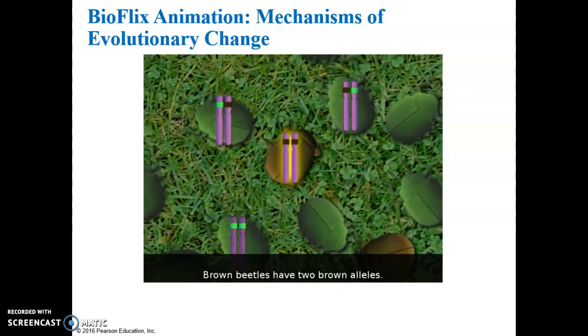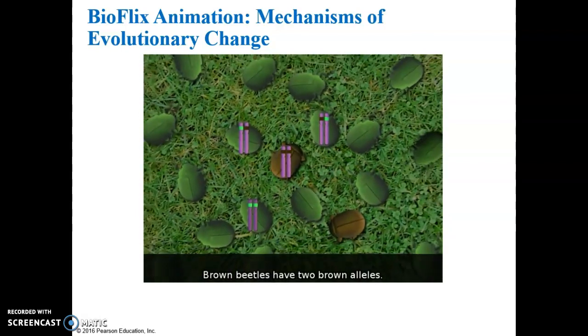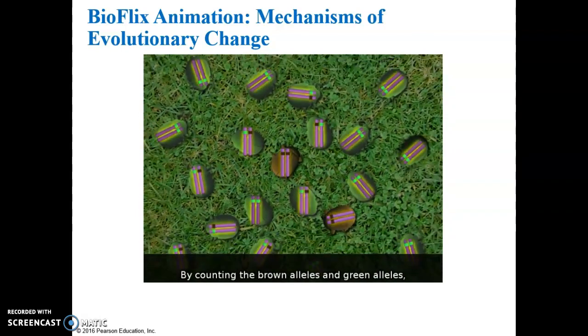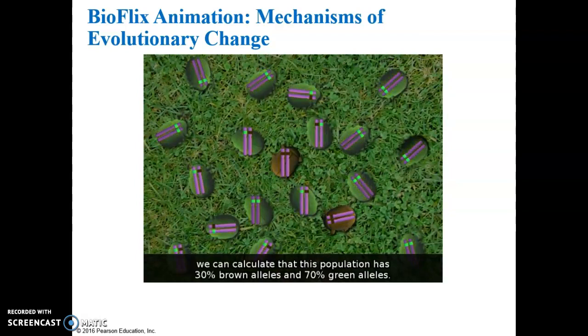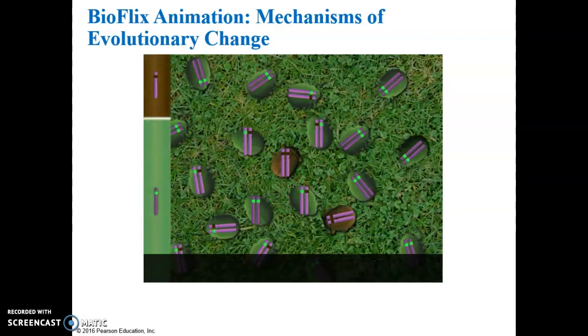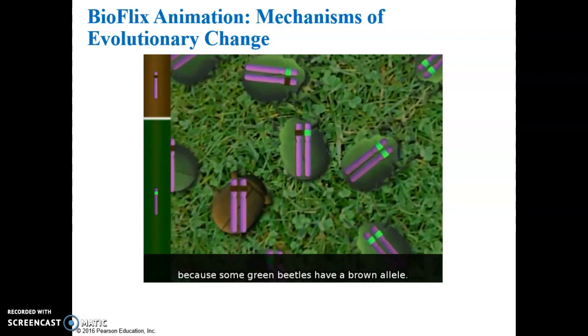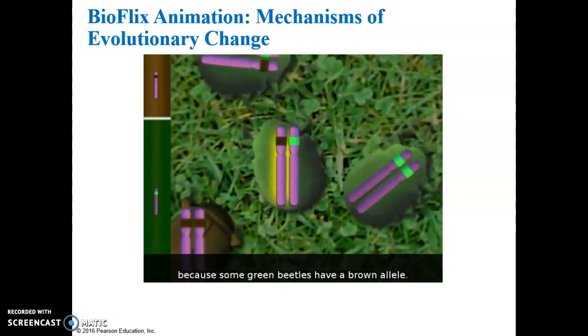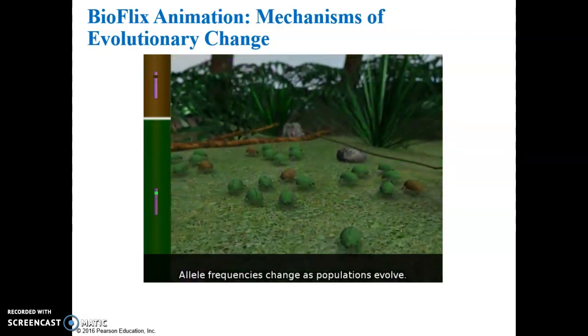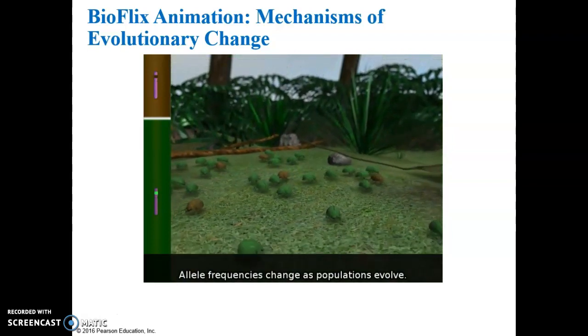Brown beetles have 2 brown alleles. By counting the brown alleles and green alleles, we can calculate that this population has 30% brown alleles and 70% green alleles. The frequency of brown alleles is greater than the frequency of brown beetles because some green beetles have a brown allele. Allele frequencies change as populations evolve.